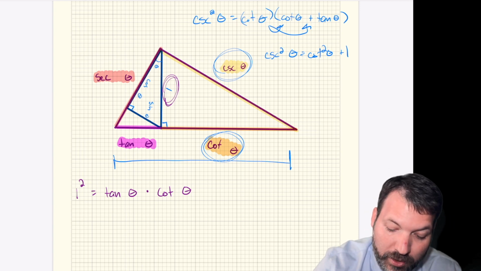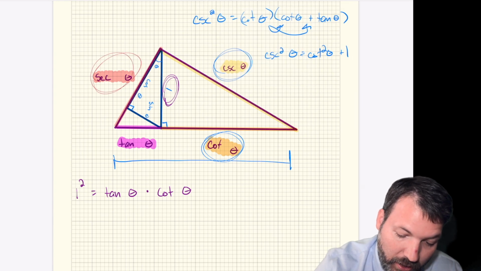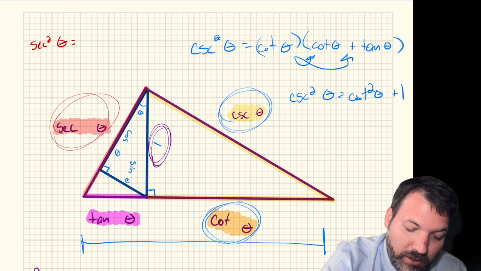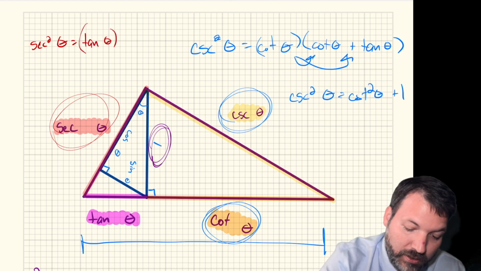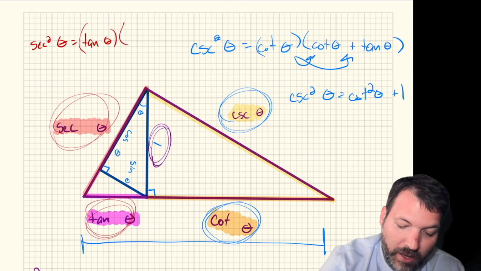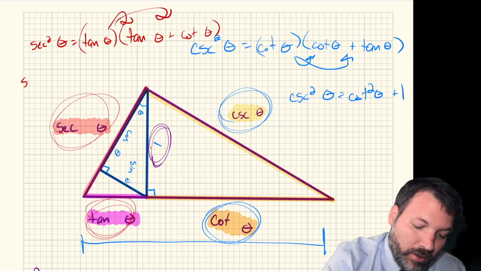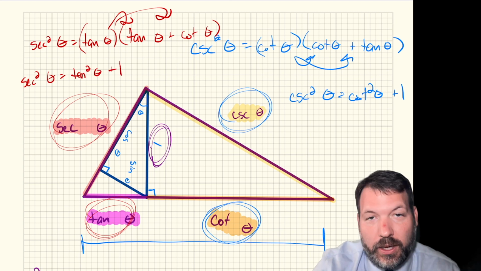Unsurprisingly, if we do the geometric mean on the other side, if we take a look at secant theta, then what should end up happening is secant² theta. Secant theta is going to be the geometric mean between tangent theta, this small length right down here, and again, that hypotenuse, which was tan theta plus cotan theta. And once again, if we distribute there, we get secant² theta equals tan² theta plus 1. Tan theta times cotangent theta, again, is 1.